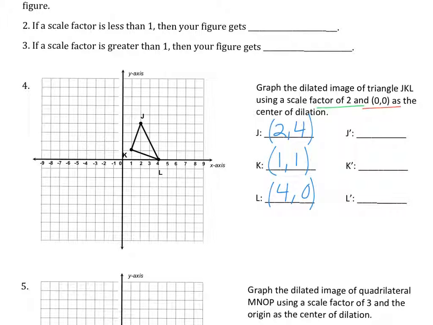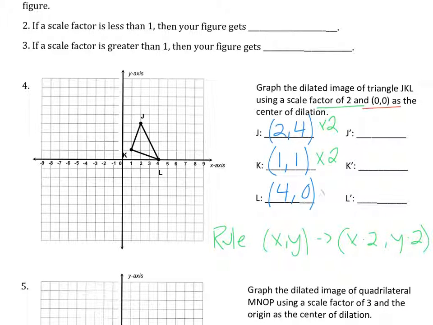If you remember what we talked about in our last video, the rule here is that (x, y) becomes x times our scale factor, which is 2, and y times our scale factor, which is 2. So for all of these, I can simply multiply by 2 for both my x and y value.